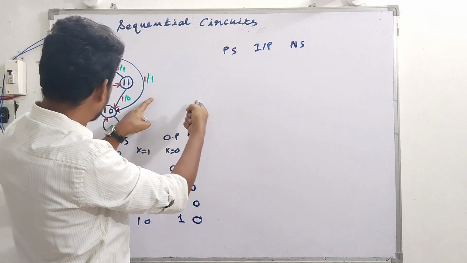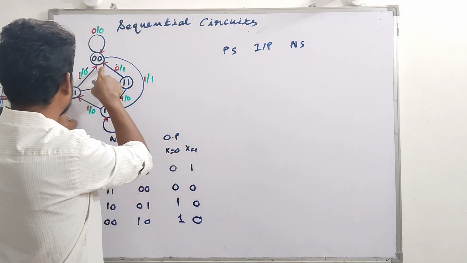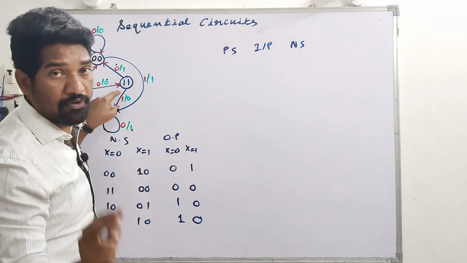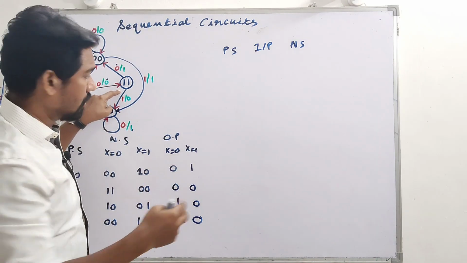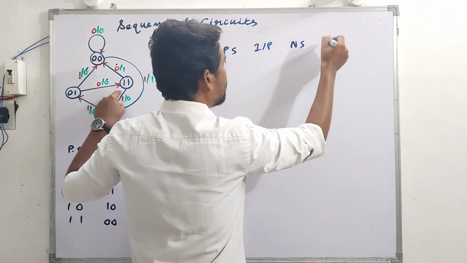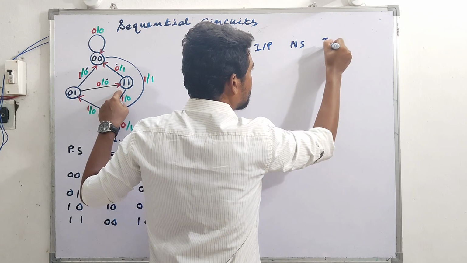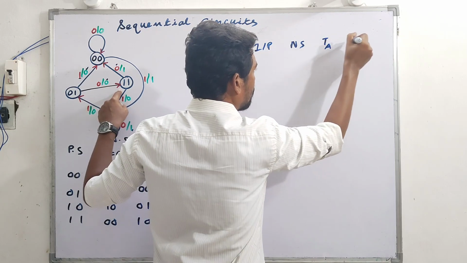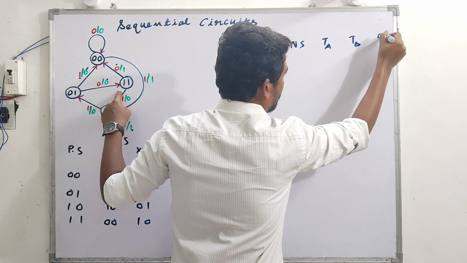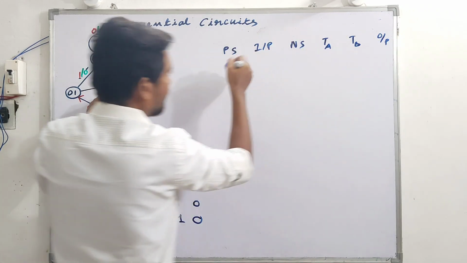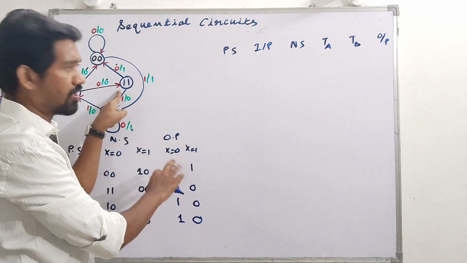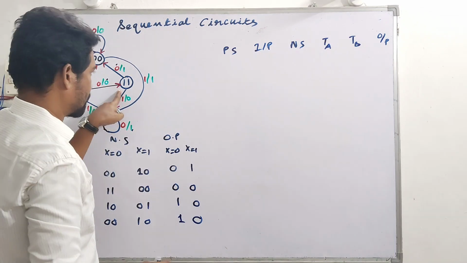As discussed initially, we have 4 states, so we will need 2 flip-flops to obtain the construction. Let them be named TA for one flip-flop and TB for the second one, and then the corresponding output. These are the features of the excitation table, and then making use of K-map reduction and so on, we can go for the hardware implementation.